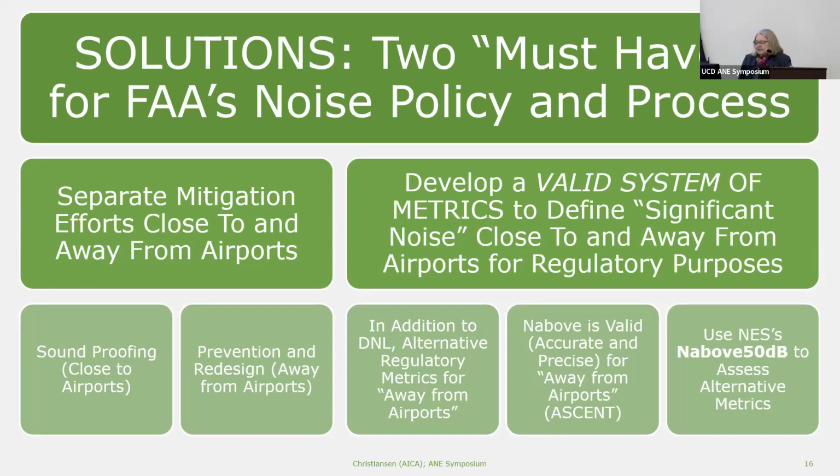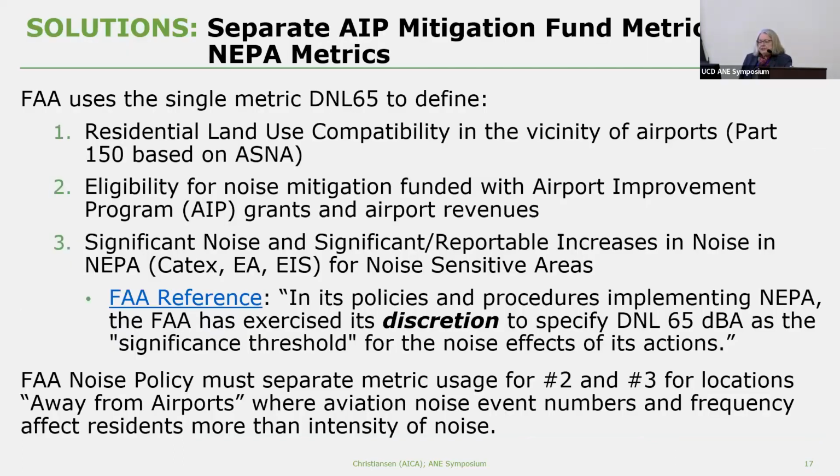The second is how to develop a valid system of metrics to define significant noise for those two situations. So the FAA uses the single metric DNL 65 for these reasons: residential land use compatibility, second, eligibility for noise mitigation funding, and then also for NEPA, as you know.